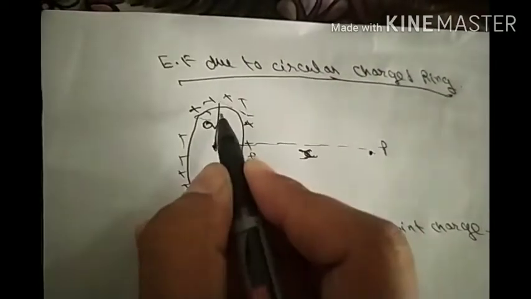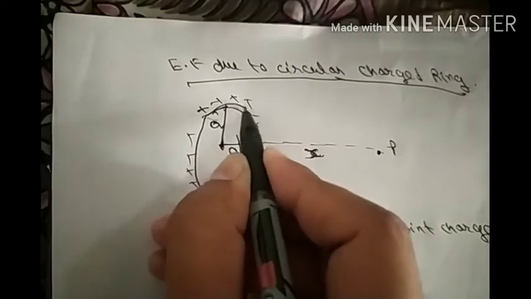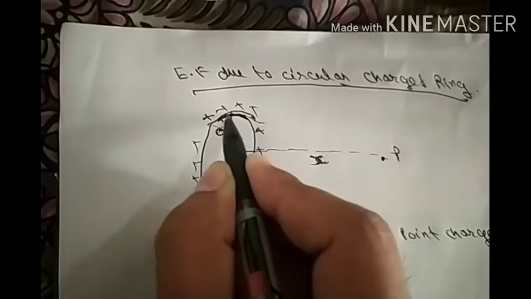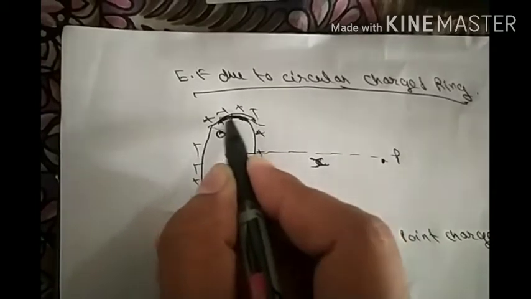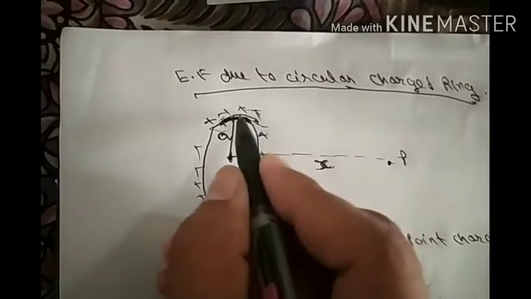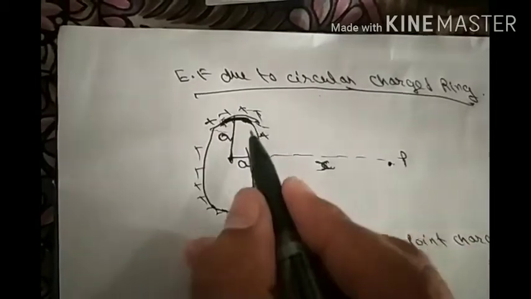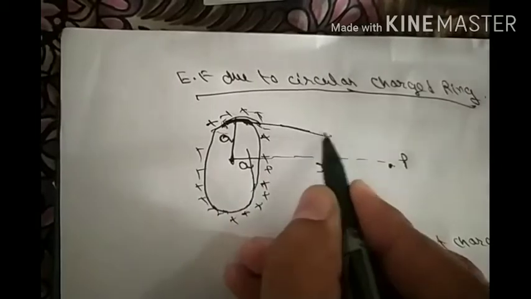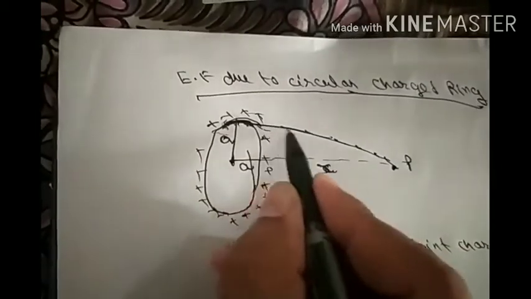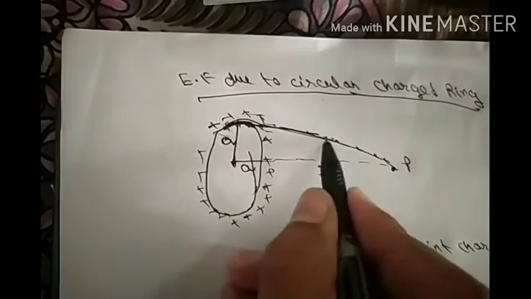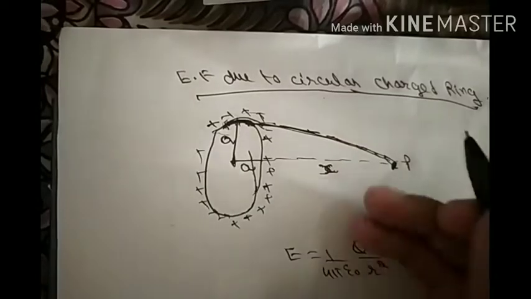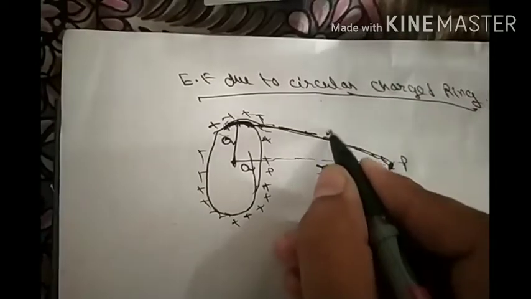So let's consider a point charge here. Consider only this length. Let this length be dl, and we want to find the electric field due to this part at this point. Consider this distance r.